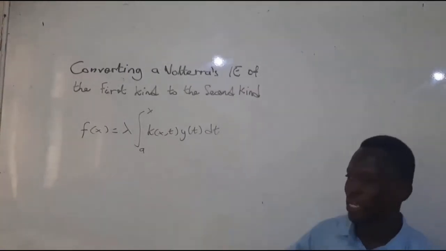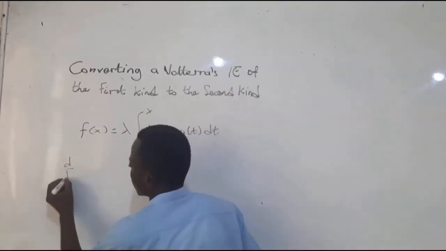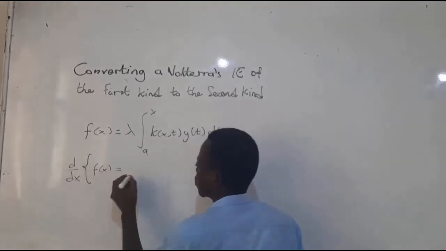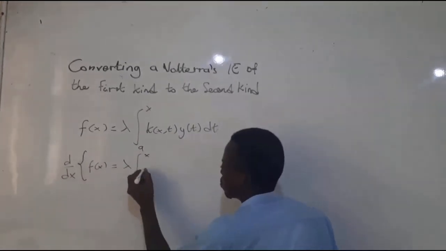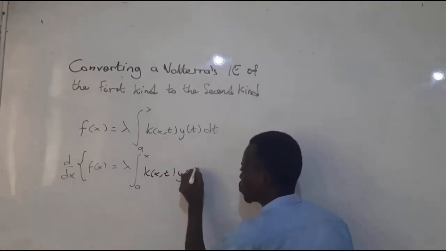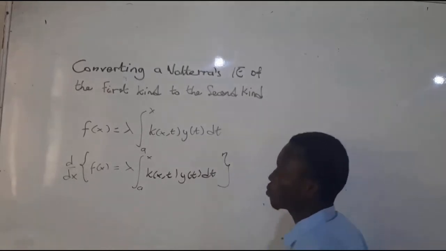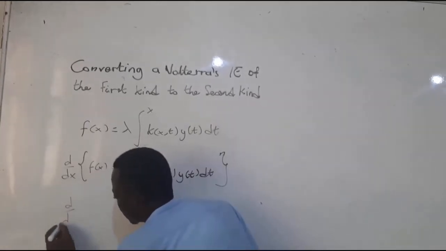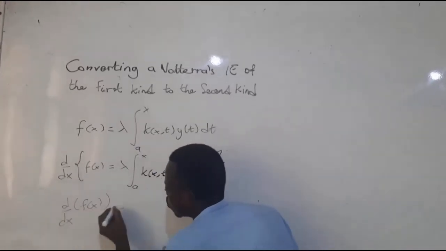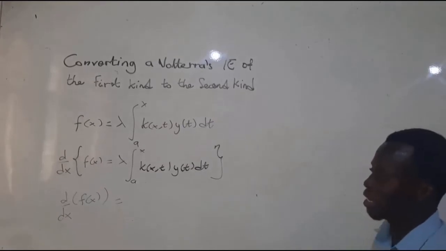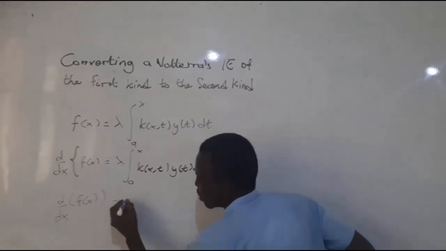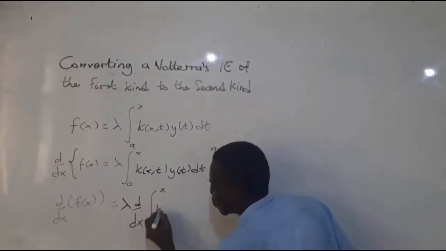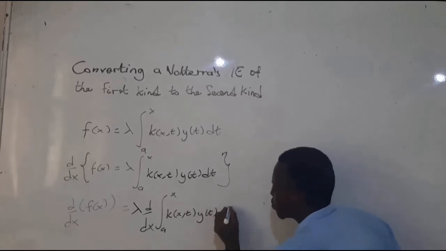So now let's pass this through the differential operator. So we are going to have d/ds, and we get f of s equal to, since a differential operator is a linear operator, that means you can factor this one out, lambda d/ds of the integral of k(s, t) y(t) dt.